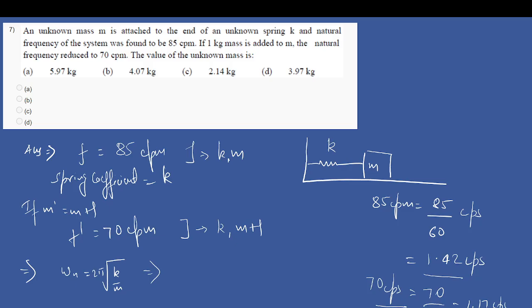Sorry, I have confused you with the formula here. Omega n is not your 2 pi f; rather, f is basically 1 upon 2 pi root over k by m.